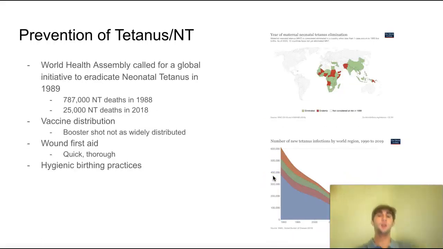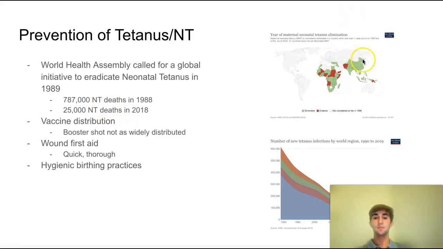So what are we doing across the globe to help stop people from getting tetanus, especially neonatal tetanus? Around 30 years ago, there was a global push to eradicate neonatal tetanus. You can see that in those 30 years, the number of deaths from neonatal tetanus has decreased dramatically.